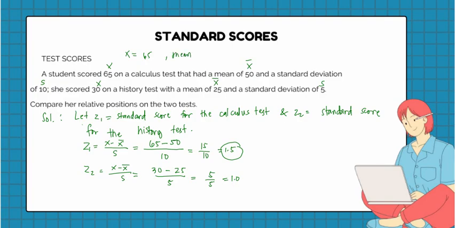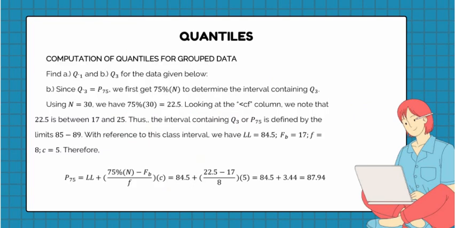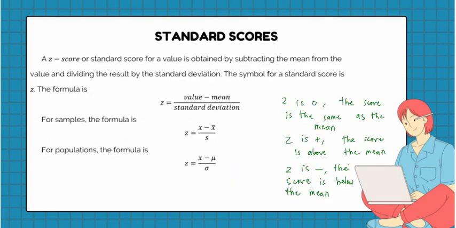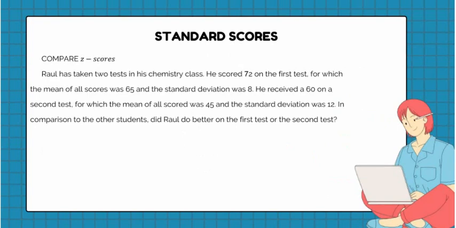As you can see, our x, which is our score, is greater than our mean, which is 50. Basically, it's above our mean. If it becomes negative, it's going to be below. And if 0, the value of the score and our mean are the same. Okay? Sige. And then, let's move on to another example.